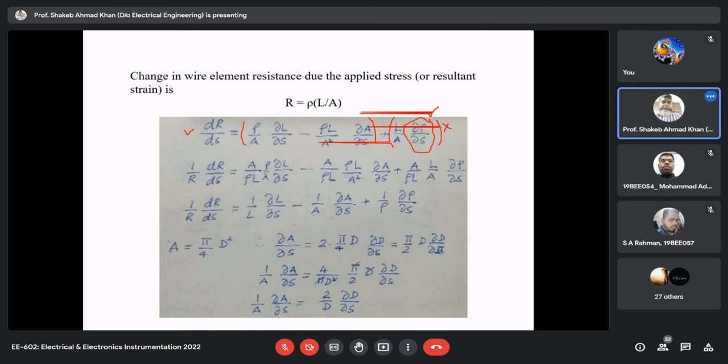So the change in area of cross-section is because of the change in diameter, obviously. Now for the fractional change we divided both sides by the area. Finally we find the fractional change in area of cross-section with the stress is equal to twice the fractional change in diameter with stress.